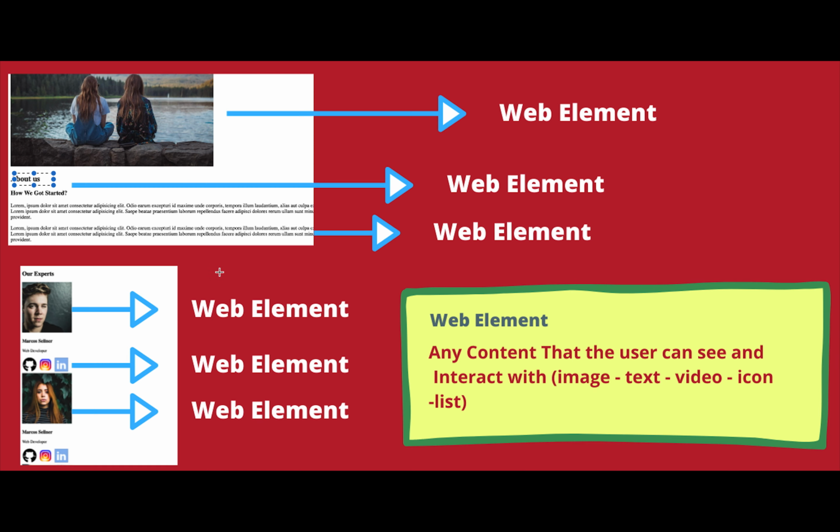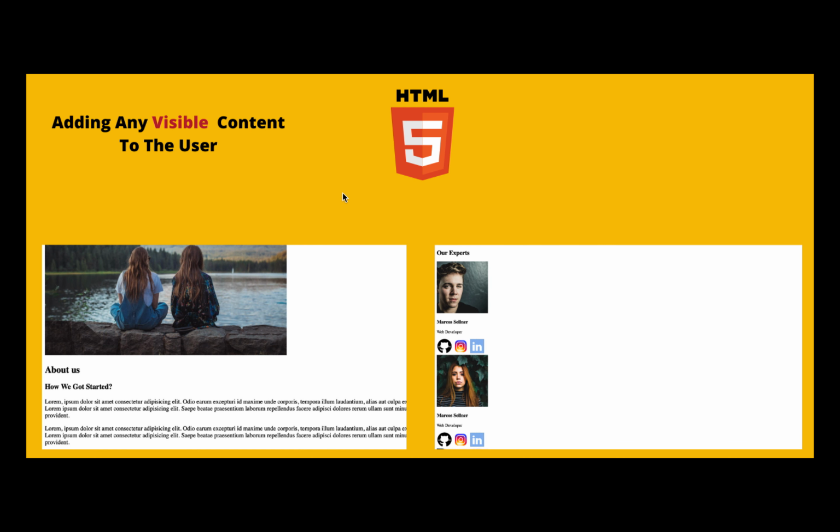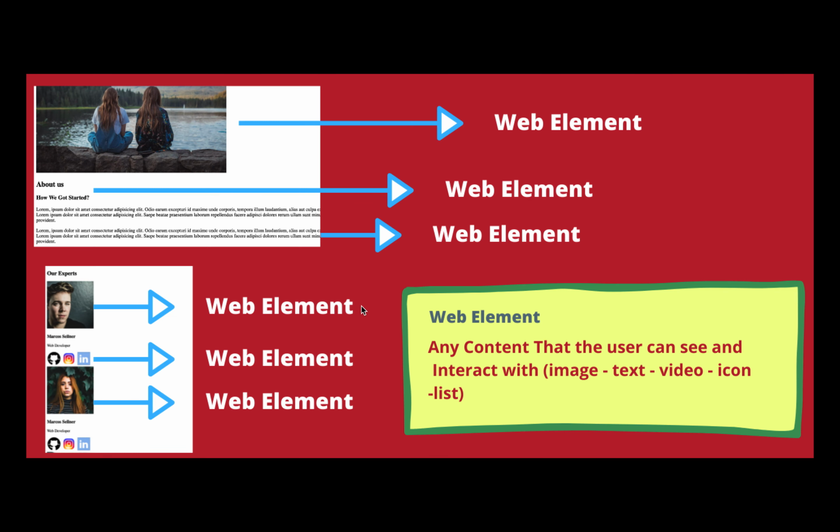So these are just examples of web content or web elements. And this is really the benefit of using HTML, which is to add any visible content the user can see, whether it's an image, a text, or an icon.